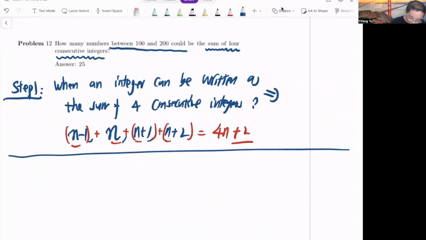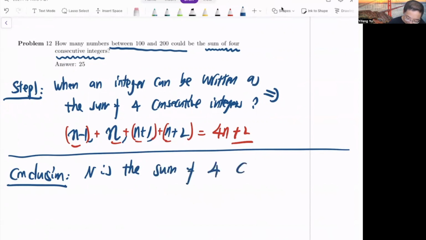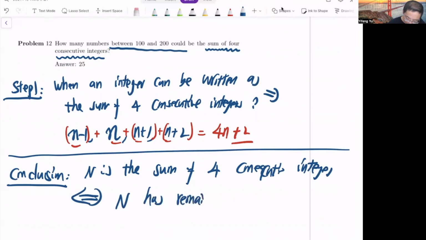Here's the conclusion. n is the sum of 4 consecutive integers if and only if n has remainder 2 when divided by 4.